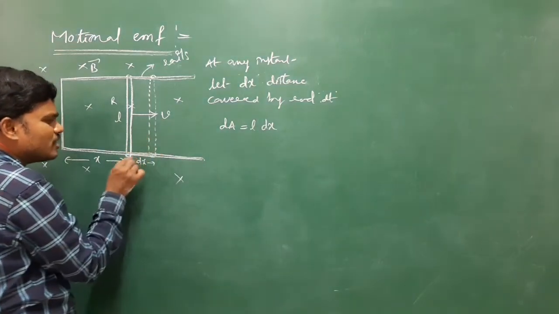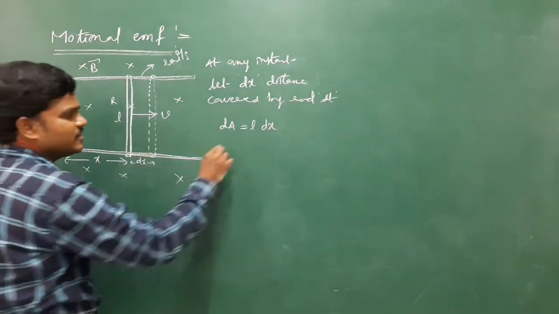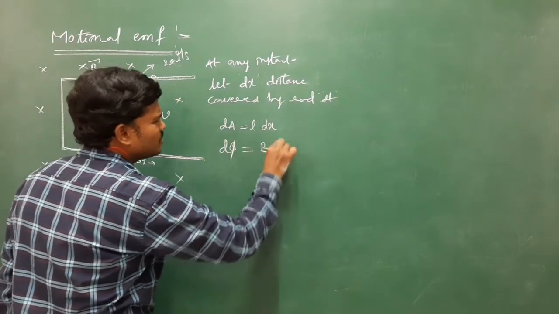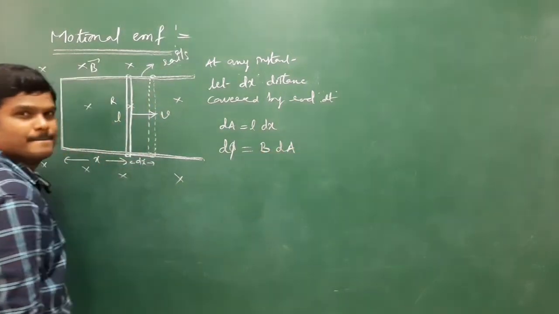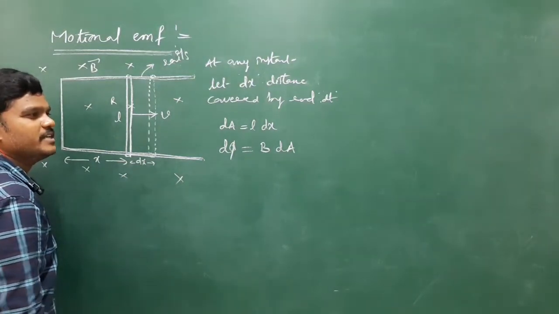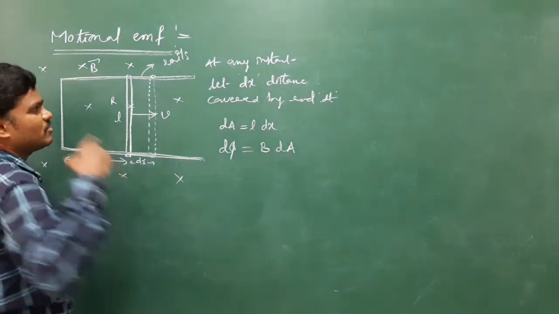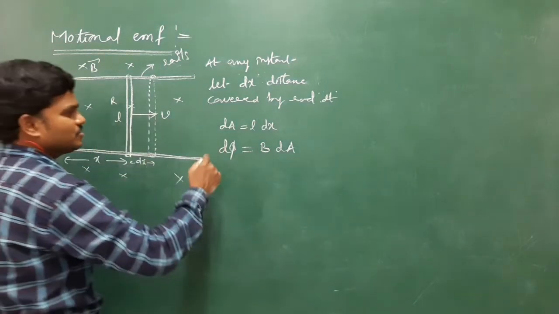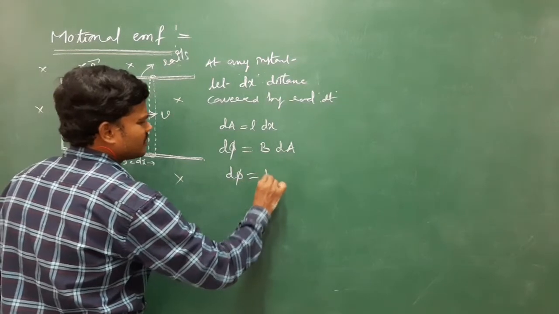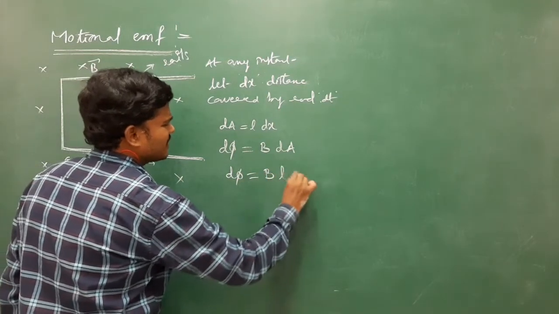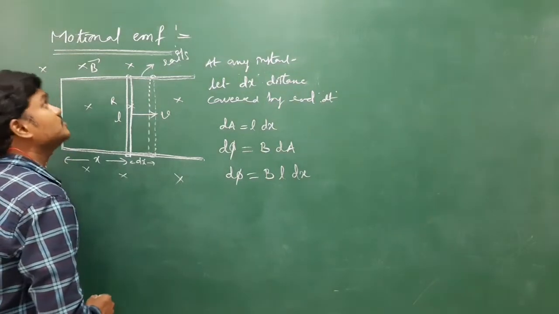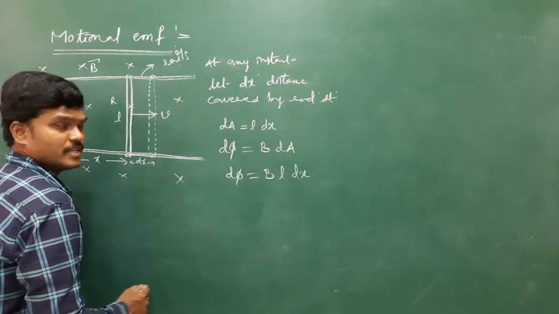And due to the small displacement, there will be a small flux. So d phi we can write as B into dA, B dA cos 0, because the field is into the board. So the flux d phi is equal to B dA, which is B L dx. Now the target is to find the EMF.